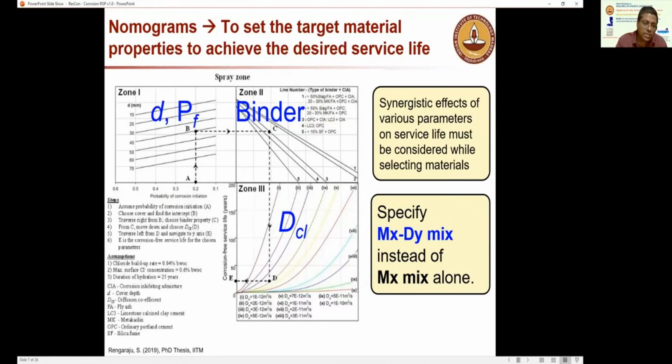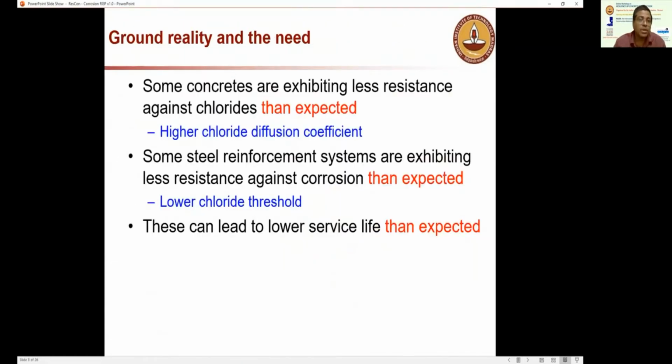Now we design structures with this, and then if we don't really care about the field conditions and all that, then you may end up having very severe cases. So what is the ground reality and what is the need of the hour? Some concretes are exhibiting less resistance against chlorides than expected, and a higher chloride diffusion coefficient than expected is the reason.